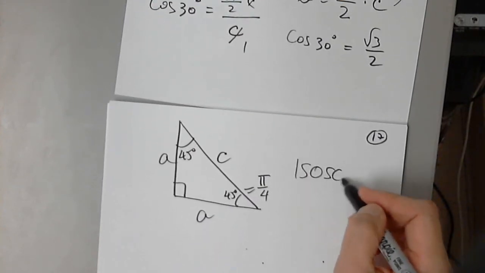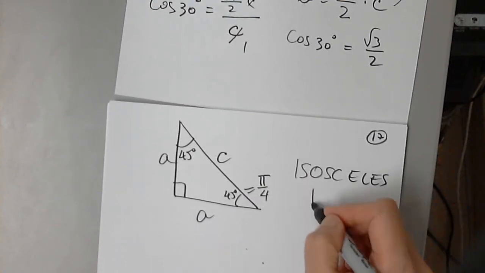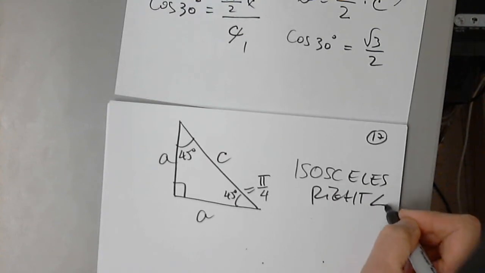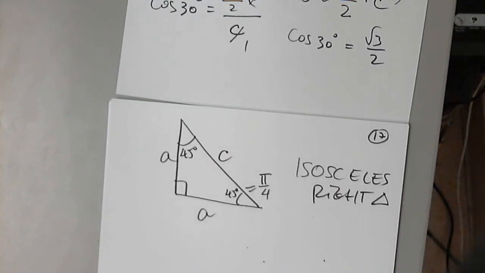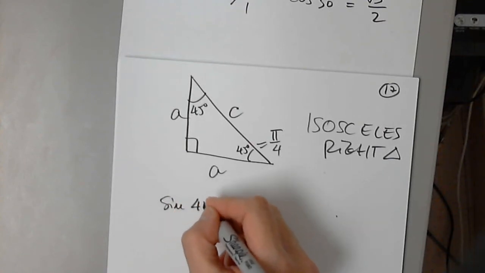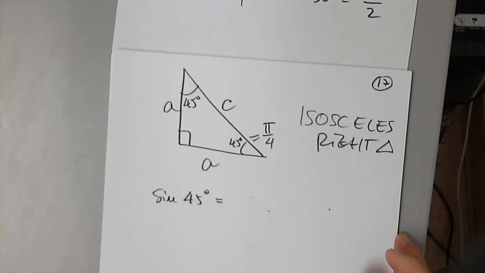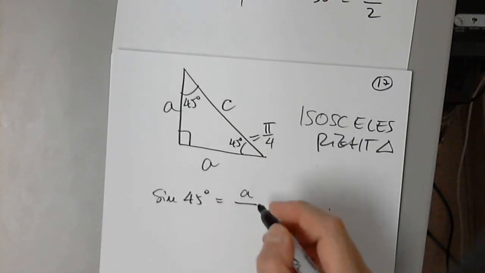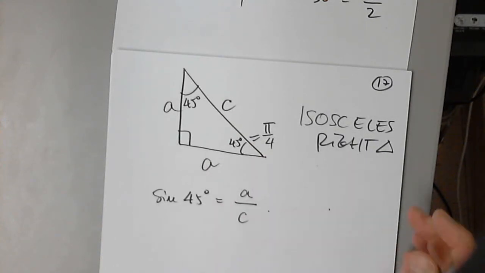An isosceles right triangle has two angles that have the same measure, and two sides, the legs, have the same measure. So then, we want to determine sine 45 degrees. That will be A divided by C.